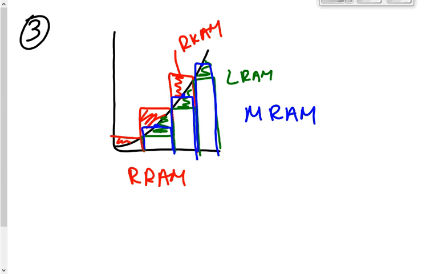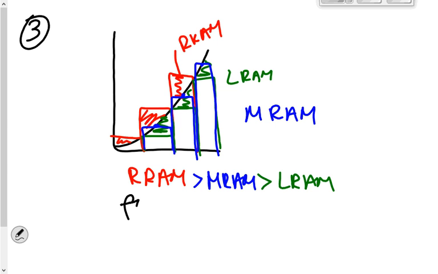And then what? Then MRAM. And LRAM is going to be at the end. And f is doing what here? Is increasing. Okay. So we got it? We understand what's happening here?